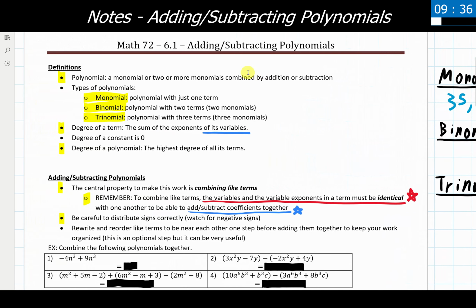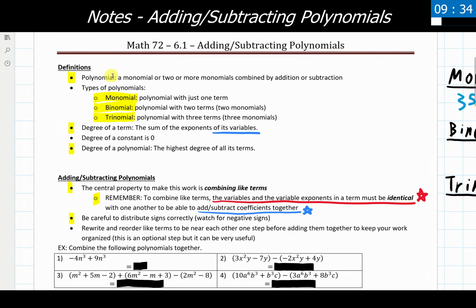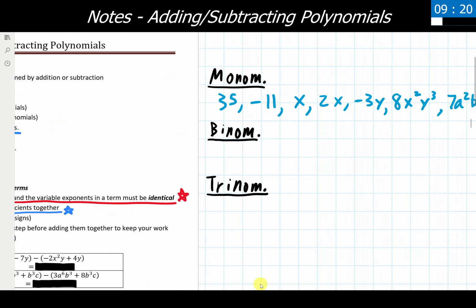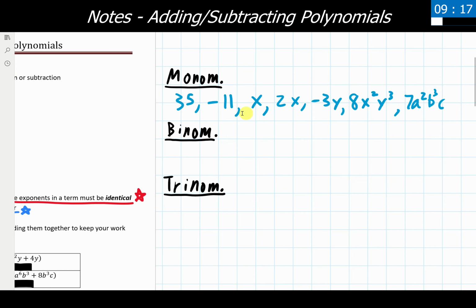And if we go back to our core definition, a polynomial is a single monomial or 2 or more monomials combined by addition or subtraction, meaning I can have 1 or 2 or 5 or 10 monomials adding together here, and that whole thing is considered to be a polynomial in general.